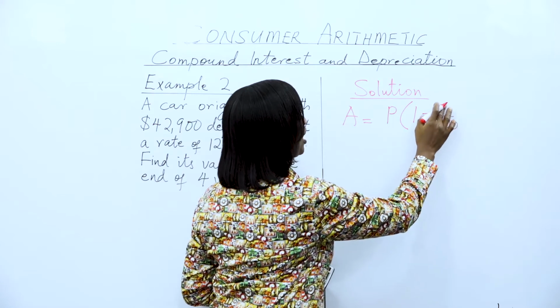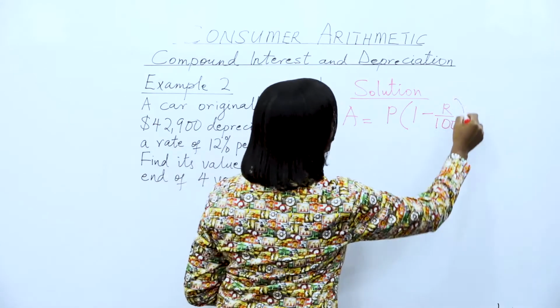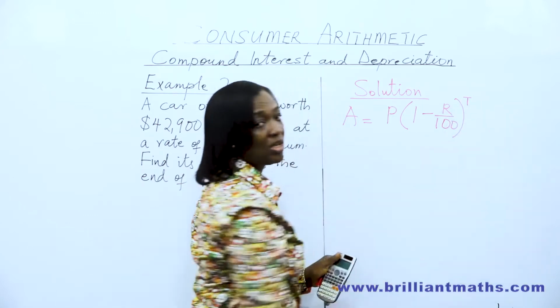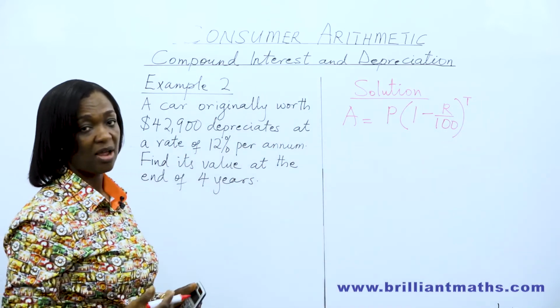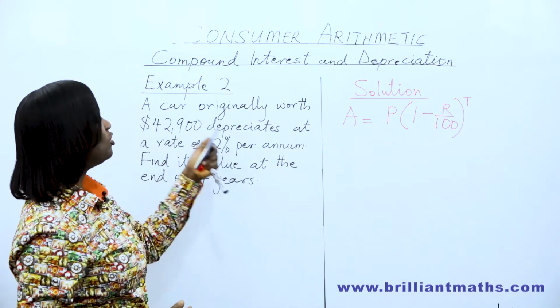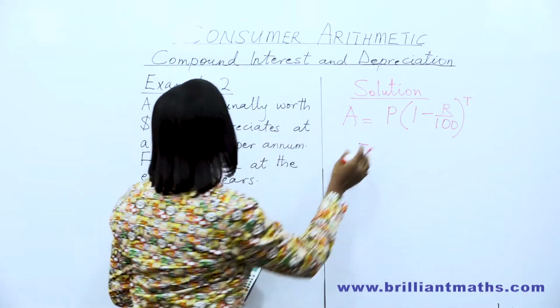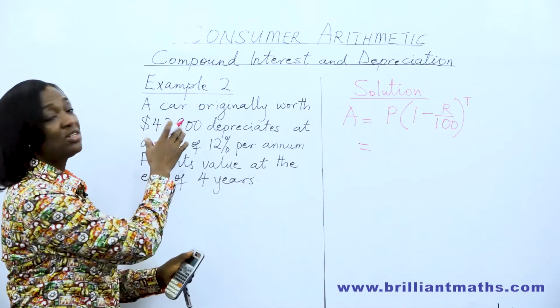We're used to writing capital R, so let's leave it at that. All raised to the power of t, where t is the time. So next, we're going to input the values into the formula. So that gives us our P is $42,900.